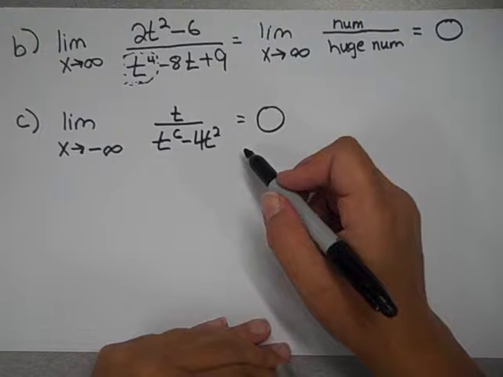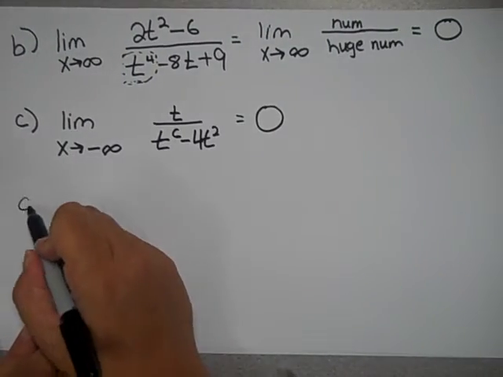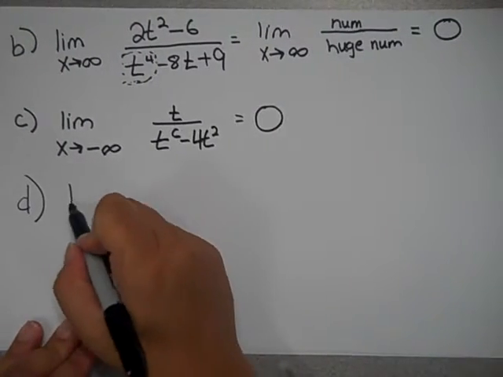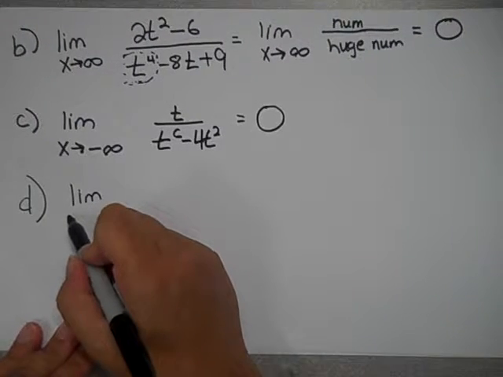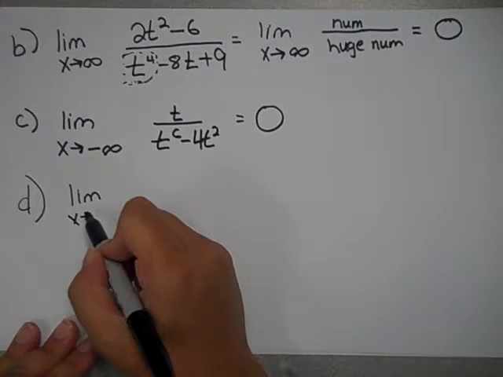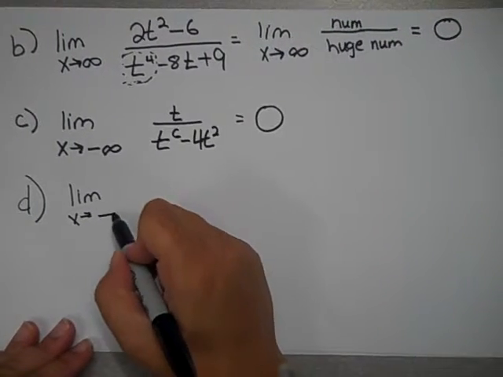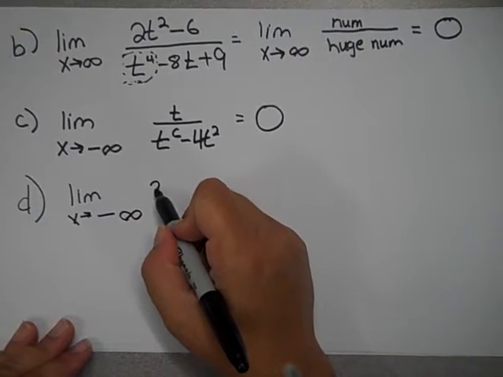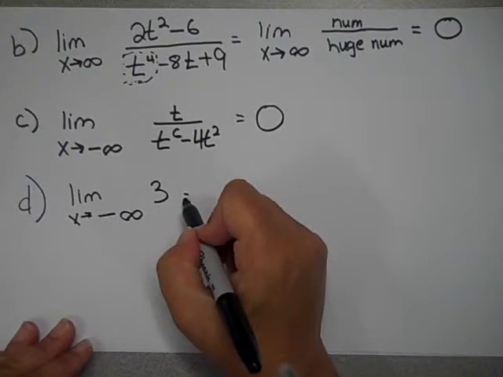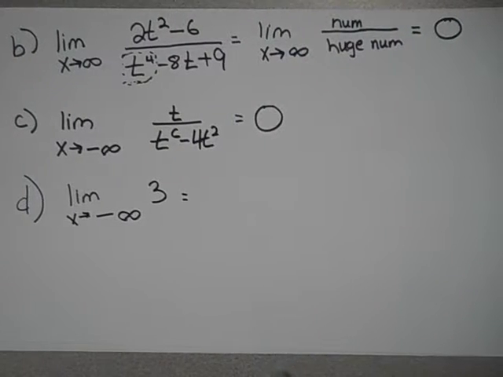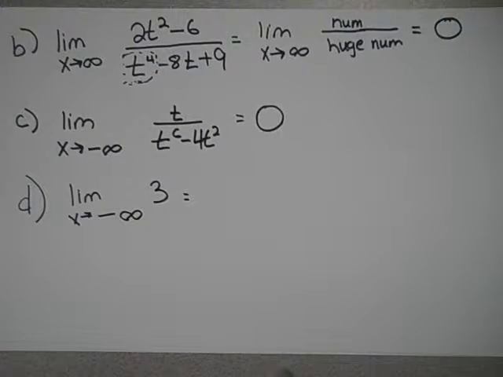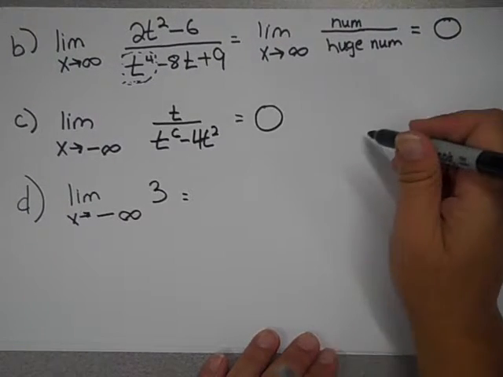So let's look at letter D. The limit as x approaches negative infinity of 3 equals, now this one you may have to think for a minute. You may have to remember that the limit of a constant is a constant, or you may just want to sketch the graph.